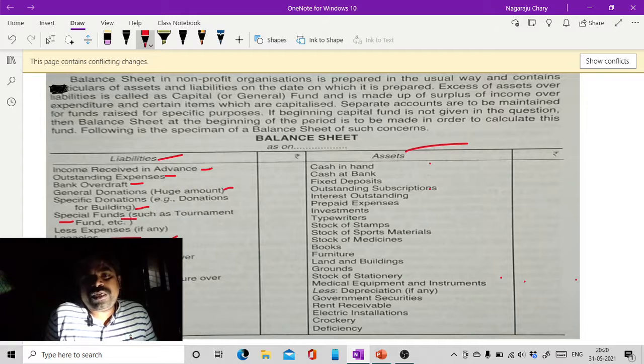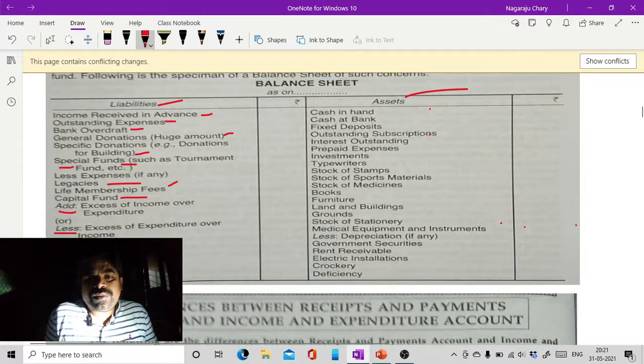Right. Next, on the asset side: cash in hand, cash at the bank, fixed deposits, outstanding subscriptions, interest outstanding, prepaid expenses, investments, typewriters, stock of stamps, stock of sports materials, stock of medicines, books, furniture, land and buildings, grounds, stock of stationery, medical equipments and instruments, government securities, rent receivables, electric installations, crockery, and deficiency.